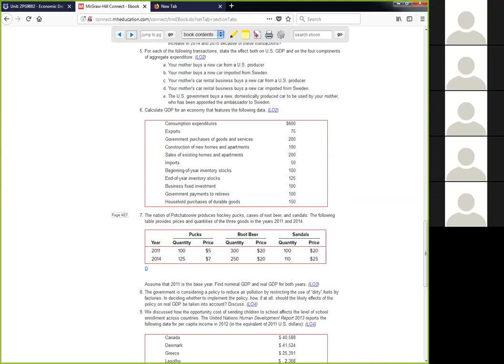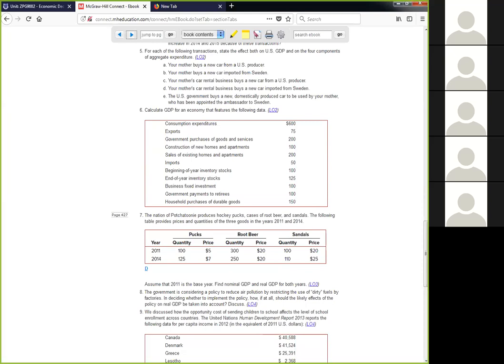So you only put the result of the inventory stock. It would be the 5, because the original 100 was already in stock, produced in the previous year.